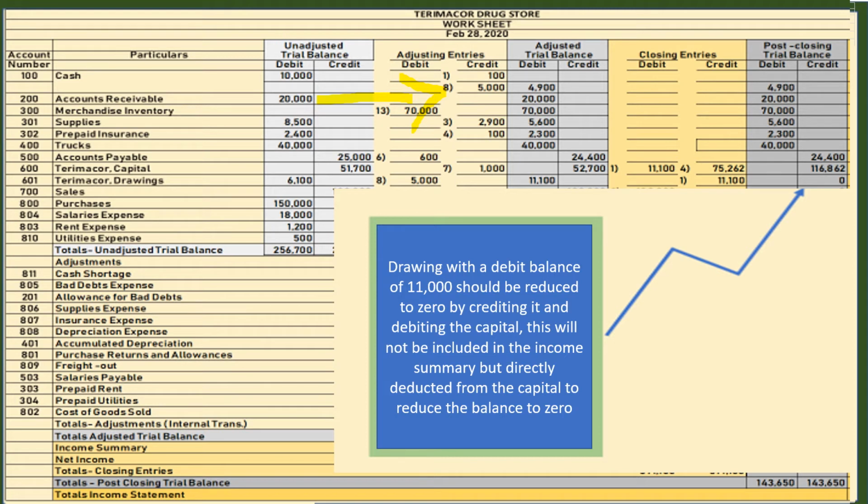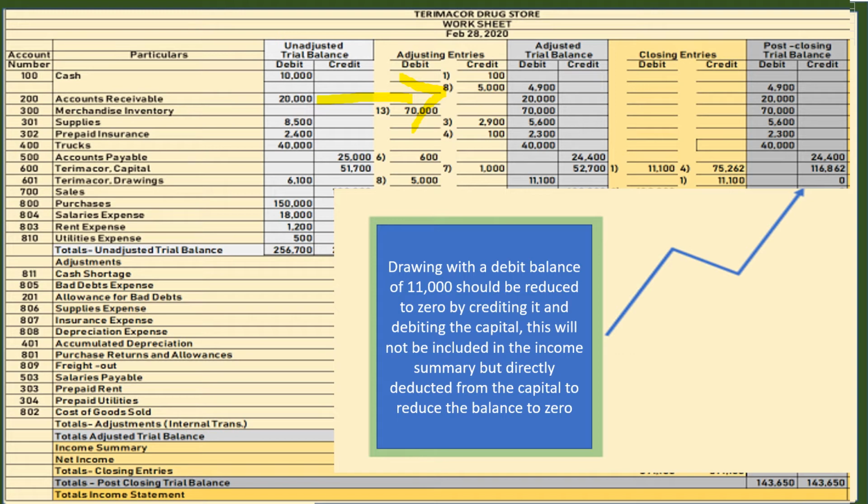And then we prepare the closing entries. The purpose of the closing entries is to segregate the nominal accounts from the real accounts, because the nominal accounts will be placed in the income statement and the real accounts, or the ones that will be left after the closing process, will be transferred to the balance sheet account.